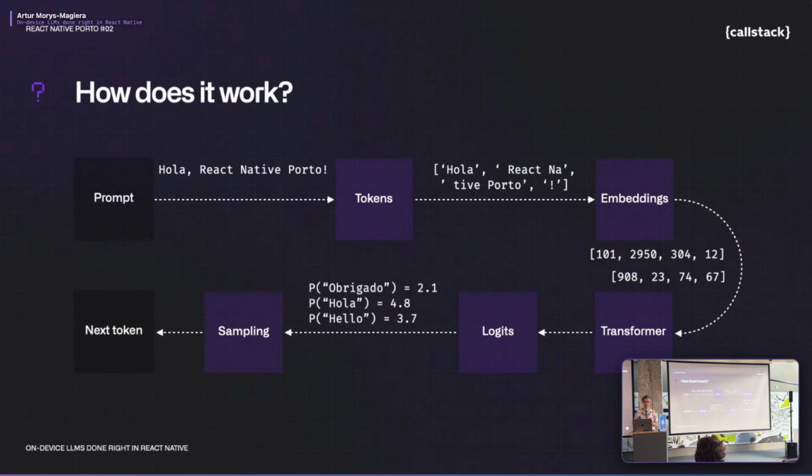And these vectors of numbers, these tensors, are passed into the transformer itself, which generates logits, which are weights that correspond to possible tokens that can be output by the LLM. We should sample them. So this is a fancy word for just picking, according to our heuristic, a token that we would like to output as the next one, so the one we think is the most probable to be output next. And finally, we close the loop, so we concatenate the prompt, so all the chat history, with the token that has been output, and we start the inference over.